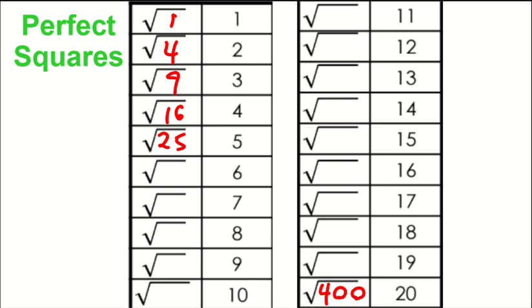Samantha. 36 is correct. 7 squared. Adam. 49's correct. 8 squared. Carlea. 64 is correct. 9 squared. Nevea. 81's correct. 10 squared. Caden. 100's correct.